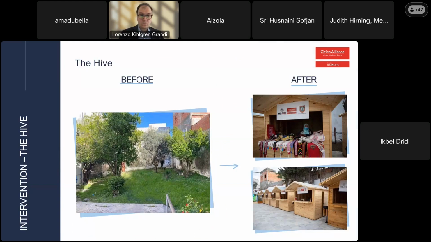So one example here is the transformation of an abandoned space into an exhibition and sales area for craftswomen, complete with wooden kiosks, a rest area for women, and a playground for children.